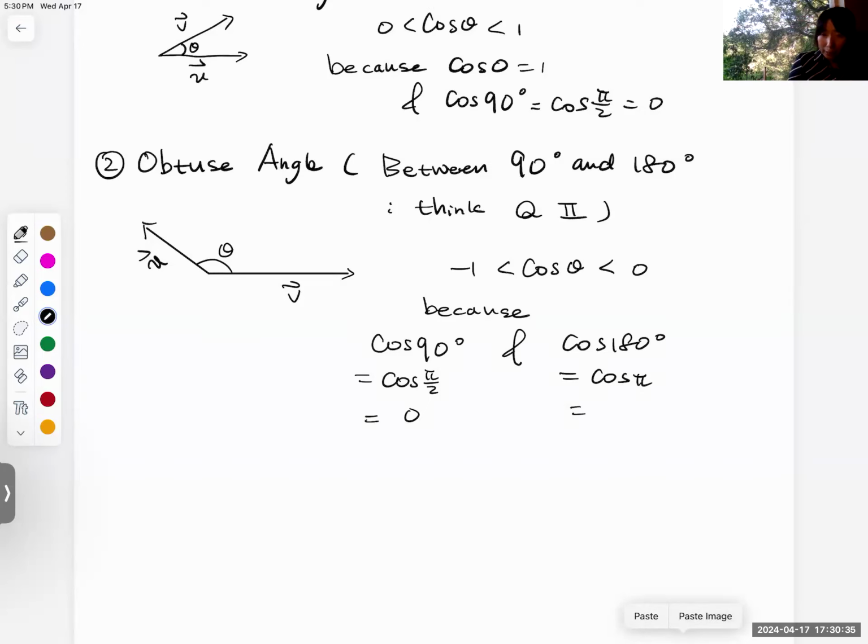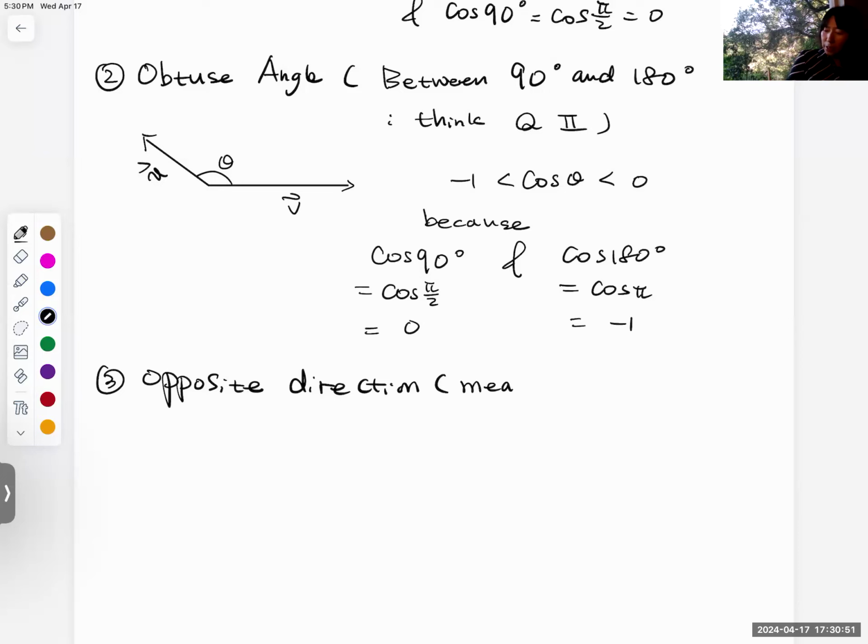Okay. Number 3, we have opposite direction. Thank you in the chat for participating. Opposite direction means a straight line, right? So if we have vector u, and the opposite, say vector v, we can say the negative of vector u. We learned that last time, right? So in that case, theta will be 180 degrees, a straight line.